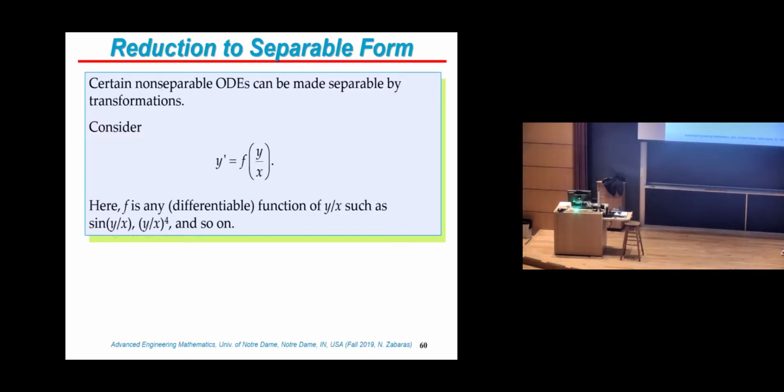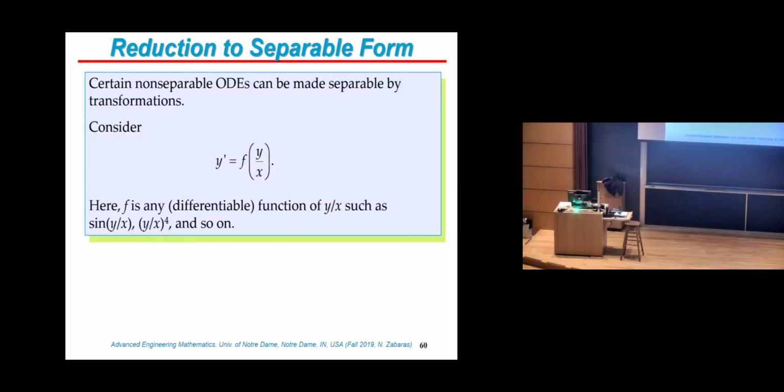Any idea on how to make this equation separable, without looking at your notes and your computers? If you have an equation like that, how can you make it separable? It doesn't look separable, and it's a nonlinear equation.